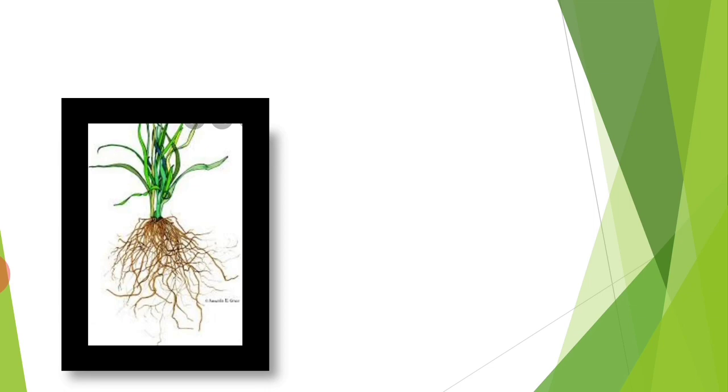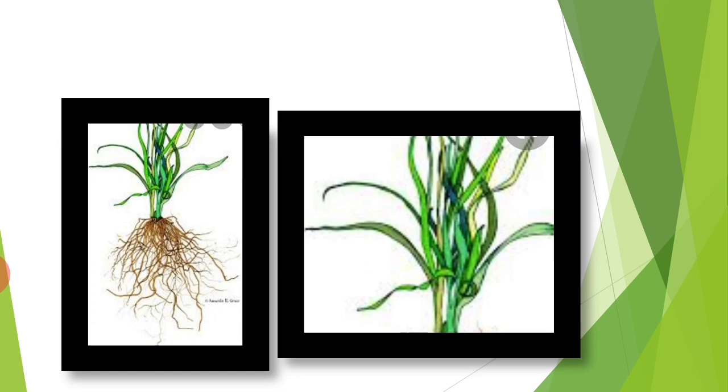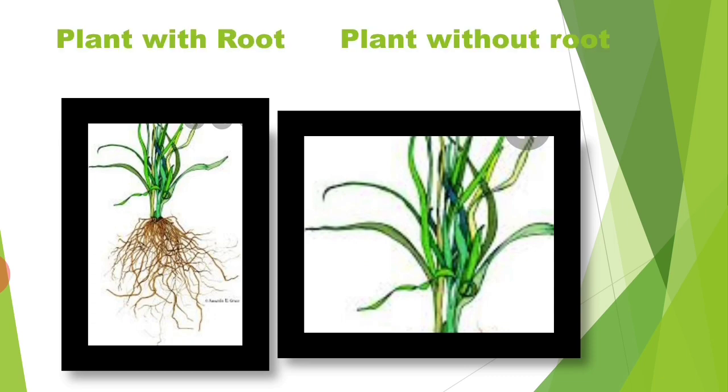I will tell you the importance of root. Let's take two similar plants. Take one out carefully so that you don't break the roots of the plant, and put it in soil in a pot. Then take the other plant, cut off its root, and plant it also in soil in a second pot, and water it every day.